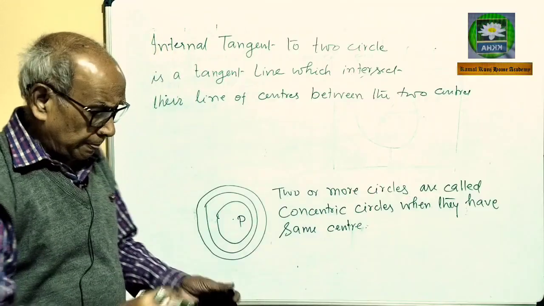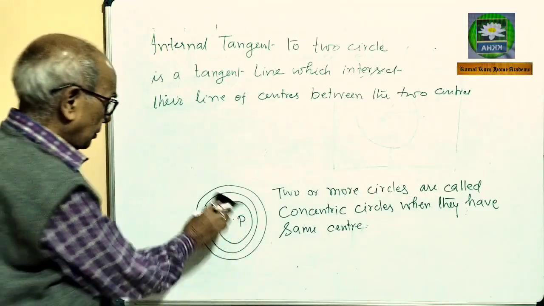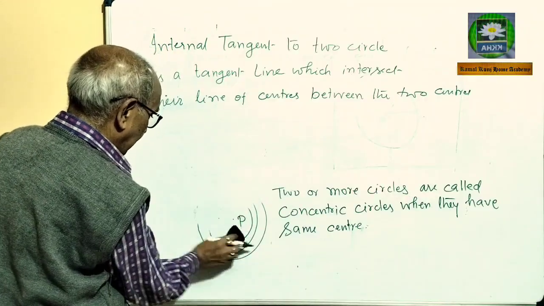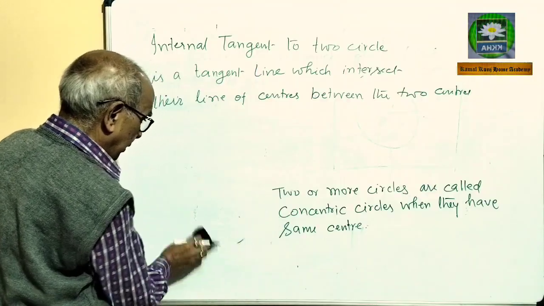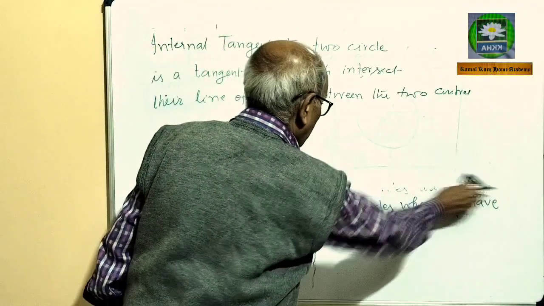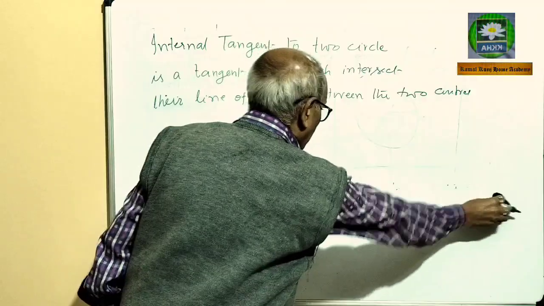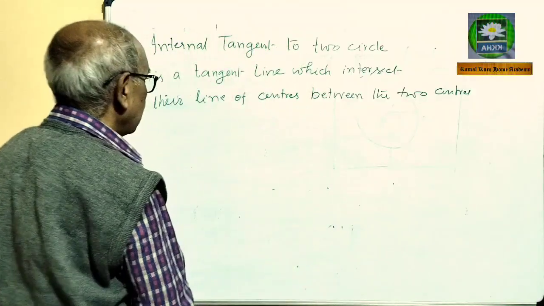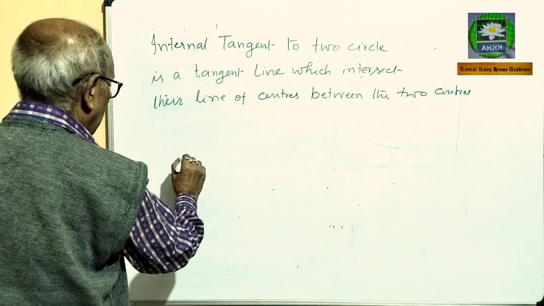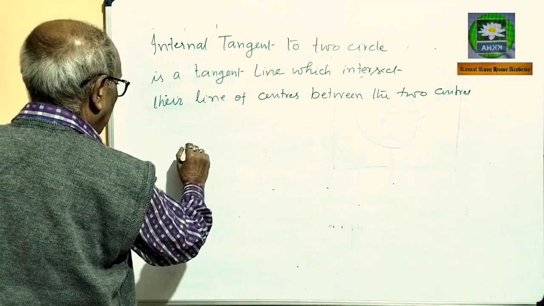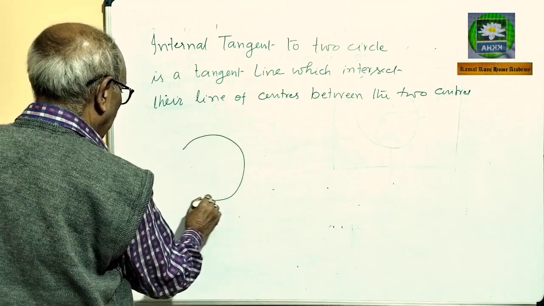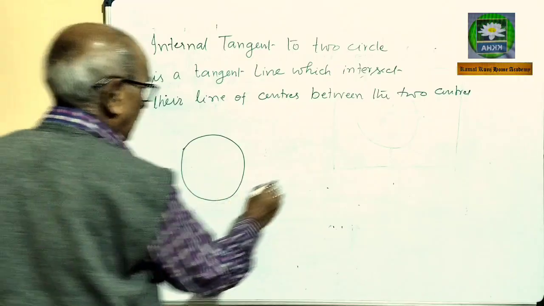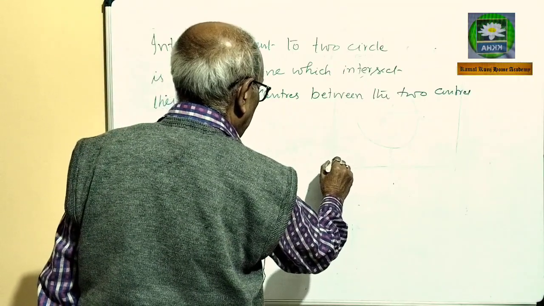For example, this is one circle and this is another circle.